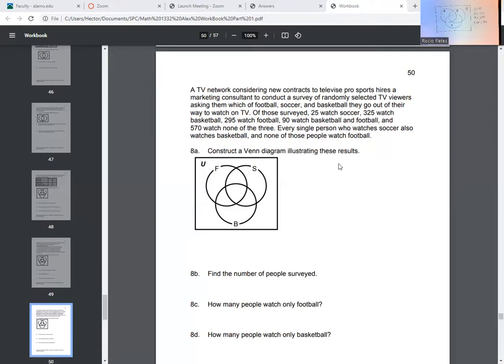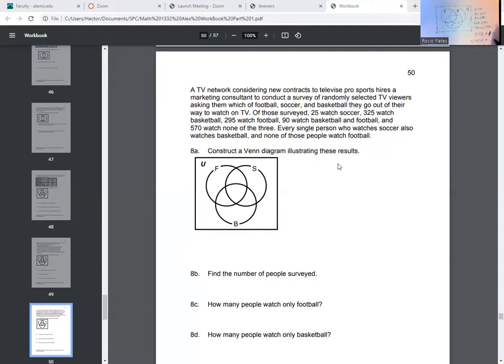And 570 watch none of these. So none equals 570. Every single person who watches soccer also watches basketball. So soccer and basketball is not equal to 0, it's not equal to the empty set. And none of those people watch football. So none of the people who watch soccer and basketball watch football.